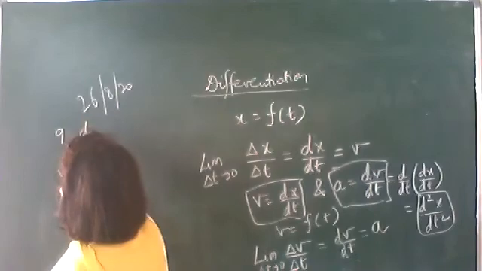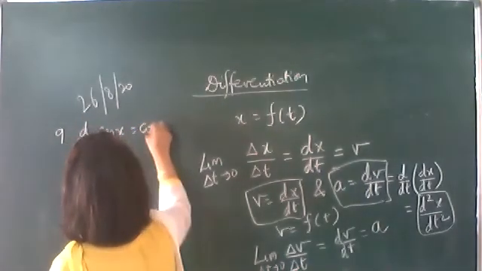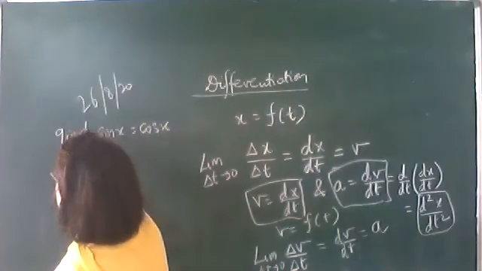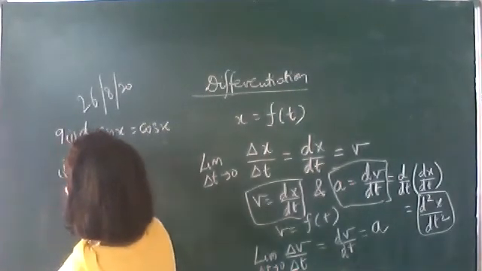Ninth was d by dx of sin x is equal to cos x. I am writing the same formula again because the recording was not done.